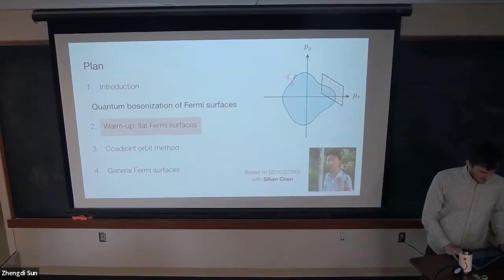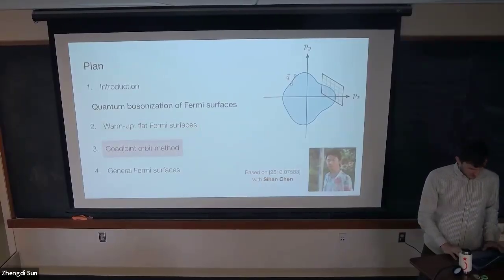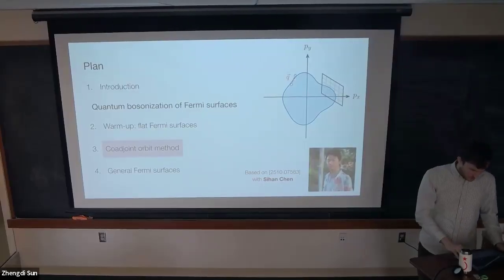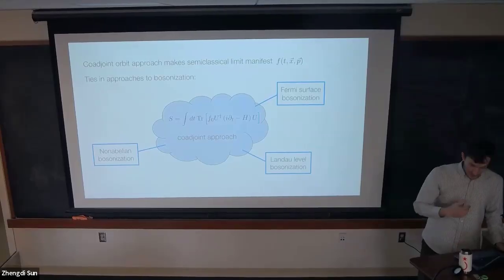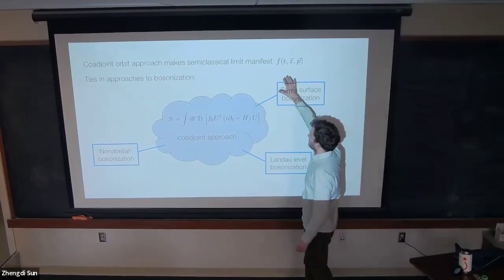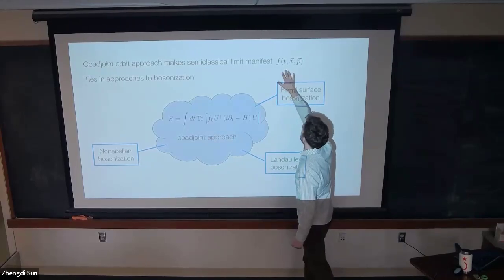So right, to generalize to arbitrary Fermi surfaces and understand this connection to semi-classics, let me tell you a little bit about this coadjoint orbit method to obtain these effective actions. The point of these coadjoint orbit methods is precisely that it addresses this question. It really will make the semi-classical limit of Fermi liquids manifest, as we'll see.